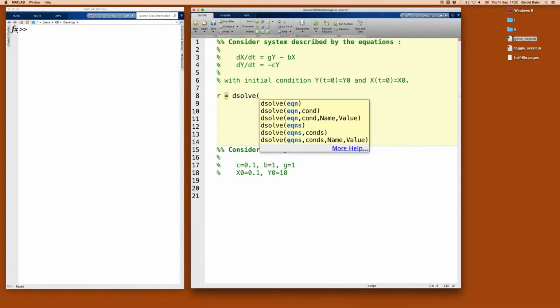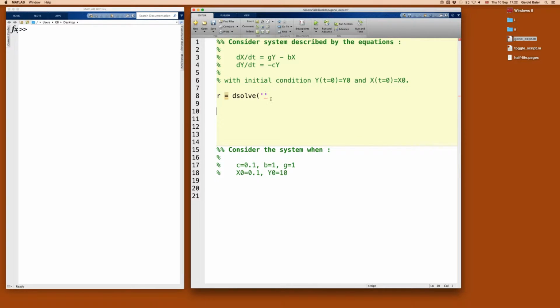Now, the dsolve function is slightly different from lots of things we've seen before in that it expects strings as inputs. So instead of typing our MATLAB expression in any other format, we actually need to put it inside quotes. And so we can write it in this way.